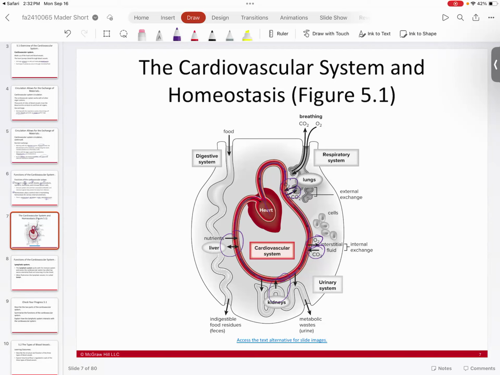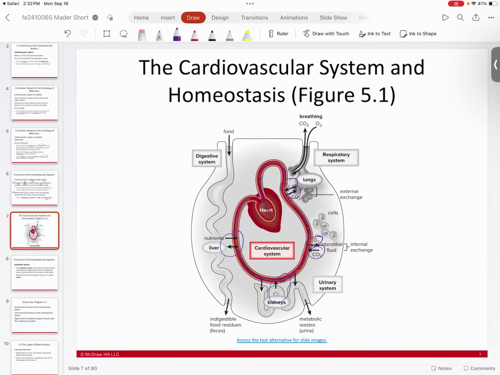So you can see basically there's a couple of things here. You can see the circuit, the basic circuit of blood throughout the body, right? It's got a couple of stopping points that it has to make in order to do what it needs to do. It has to stop at the lungs, it has to stop at your tissues to make some deliveries, it has to stop at the kidneys to make a few deliveries, and it has to stop at your liver to make a few deliveries.